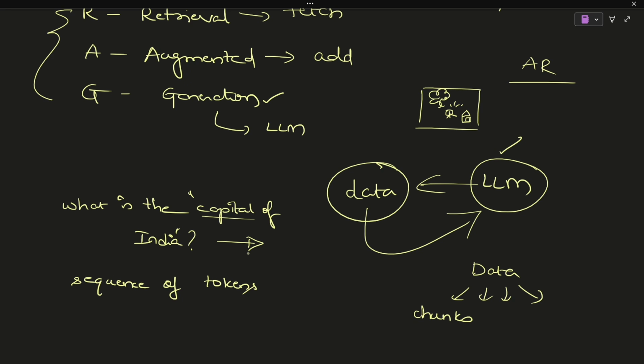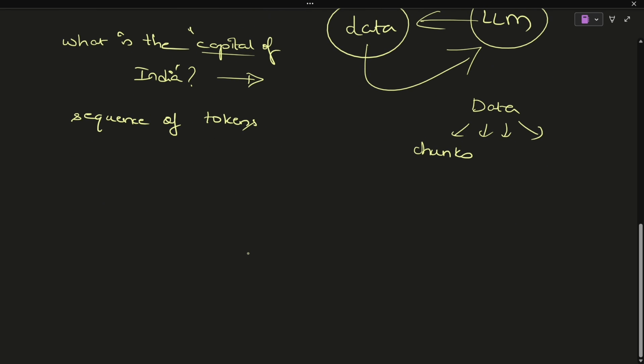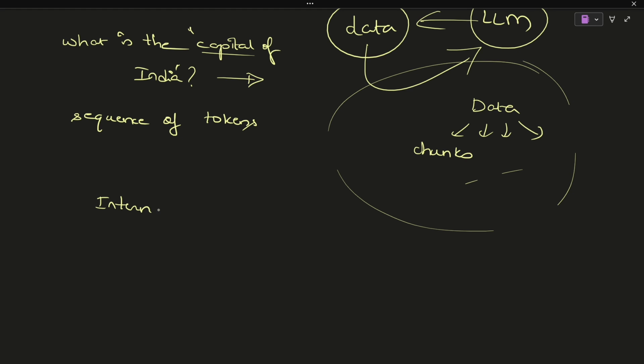Similarly, if you want your LLM to work on internal data, you provide it in a similar format. When you talk about getting it trained on your internal data, not even training, you just give it in the prompt. First of all, you decide the source of this internal data. Data source is the first step.